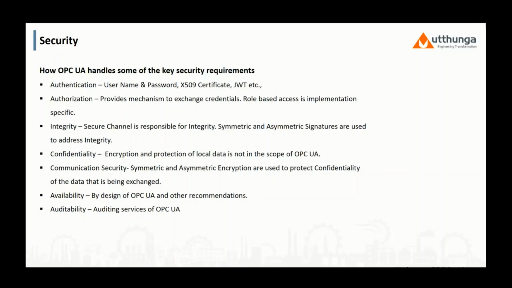So here we have an explanation about different security requirements and how OPC UA achieves them. For authentication, username and password, and then X509 certificate or JWT, different tokens are there which can be used for authentication.